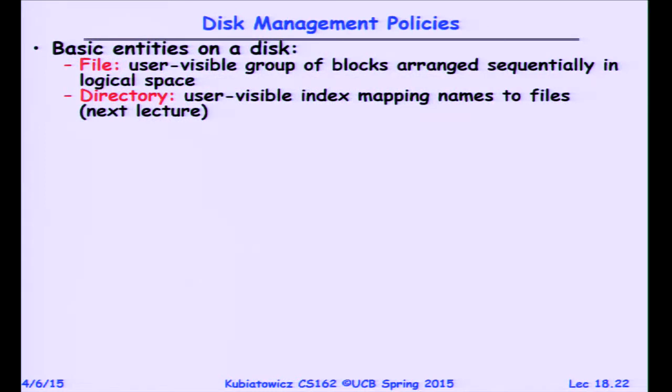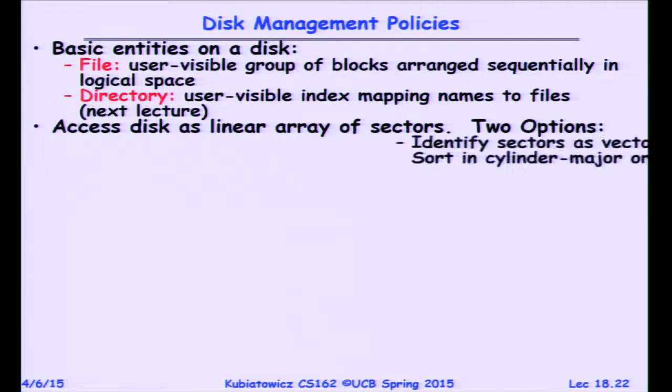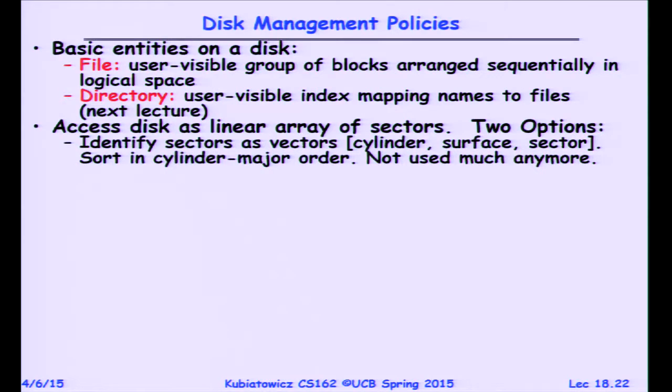All right. So basic entities on disk are files and directories. Typically, directories are just files with information in them. Okay? The disk is going to be accessed as a linear array of sectors. There's a couple of options here. I mentioned this already. We could identify sectors by which cylinder, surface, and sector they are and sort them in cylinder major order.